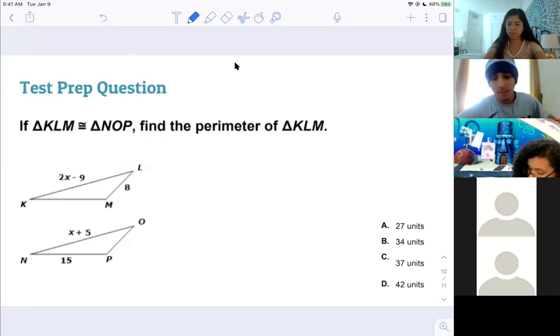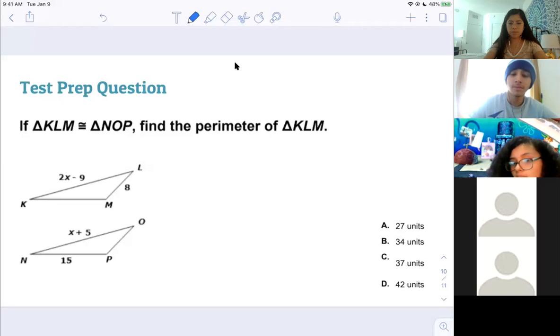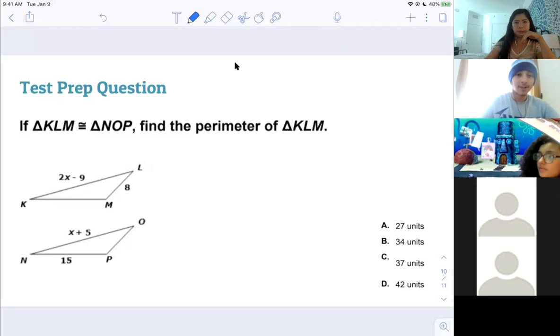I have 2 votes in so far. Good, I got 4 votes. Six votes. Finish it off so we have enough time to go over it.